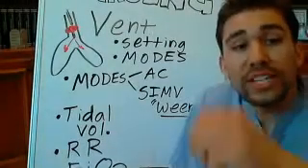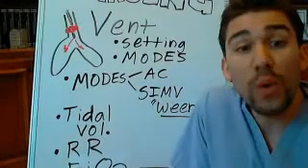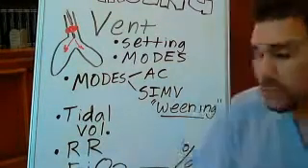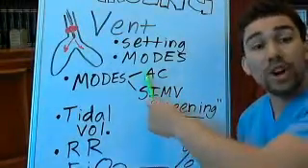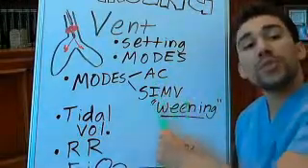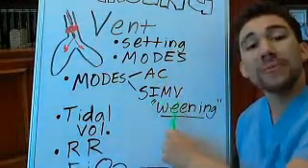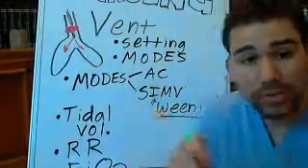Now let's say your patient is coming out of anesthesia after an OR, after an operation. We're going to start him or her on AC mode, then switch them over to what's called SIMV mode, also known as your weaning mode.